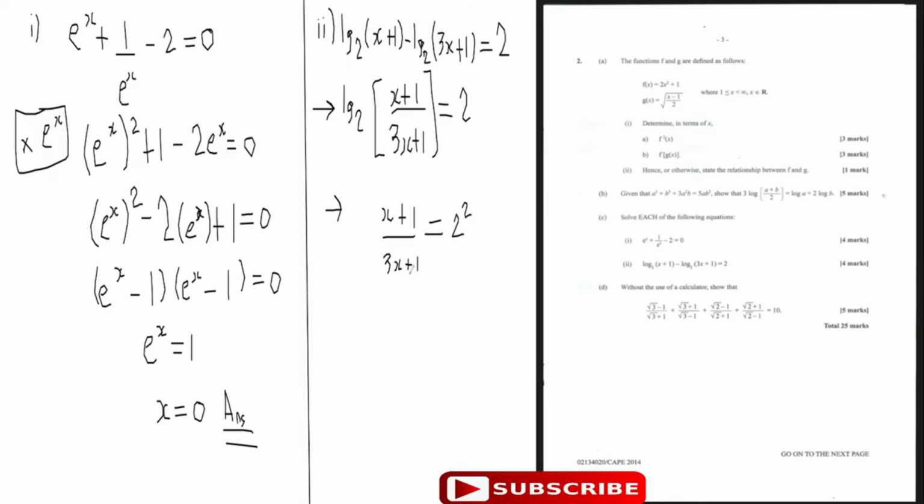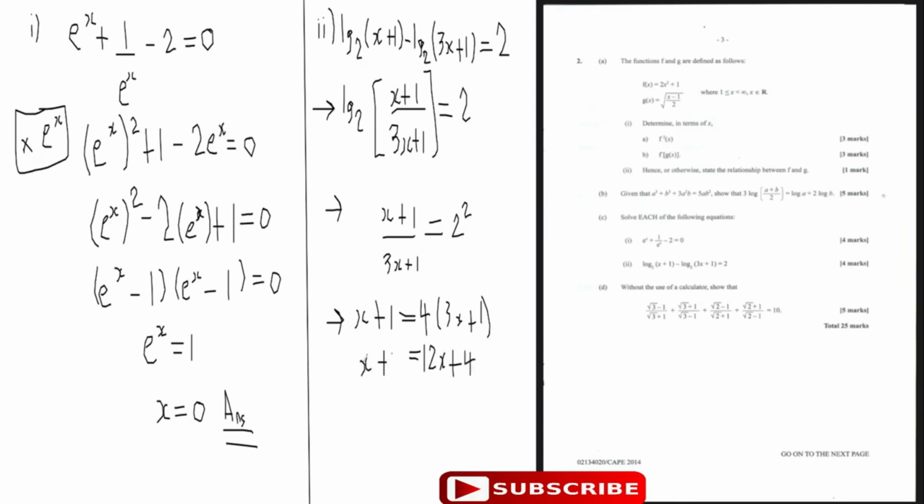So we can cross multiply now to get that x plus 1 is equal to 4 times 3x plus 1. And then we're going to solve for x. So expanding through, you're going to get 12x, and then 4 times 1 becomes plus 4. Over here we have x plus 1, so we need x's on one side.